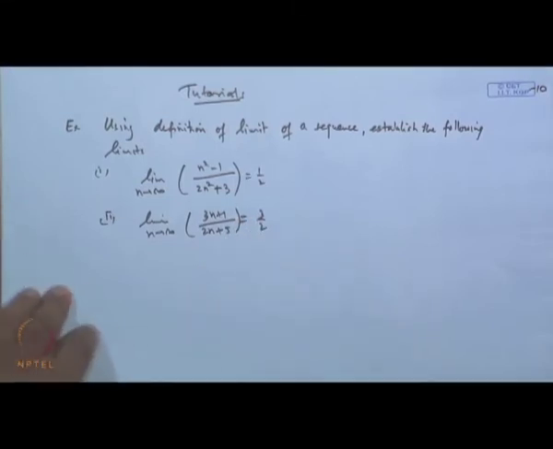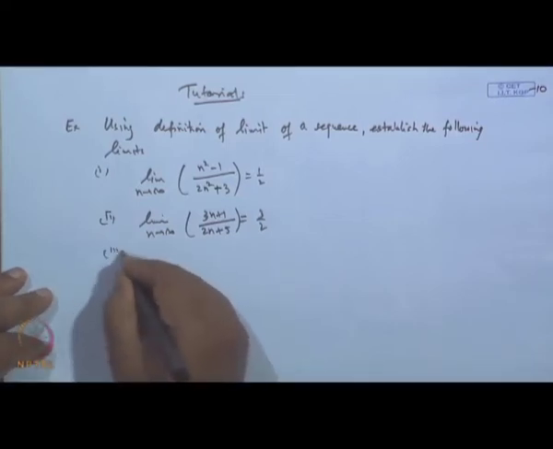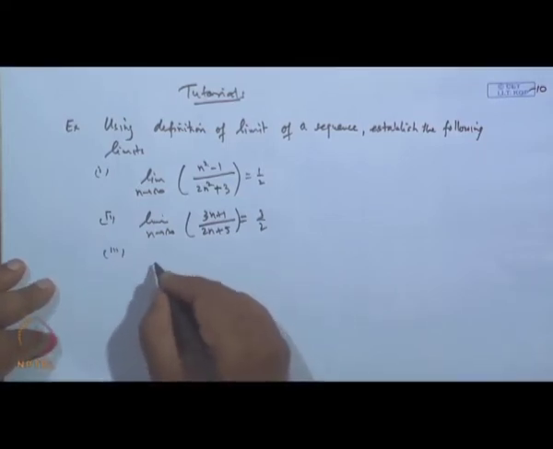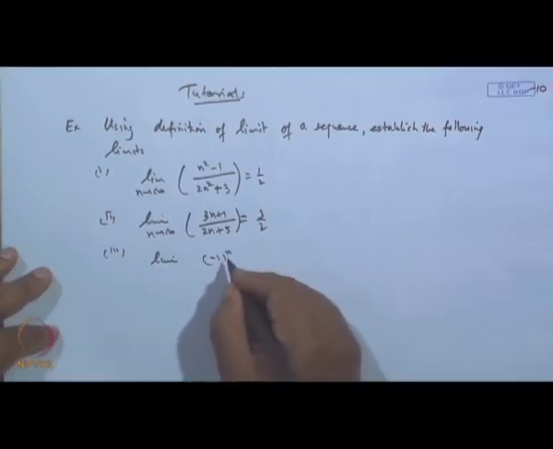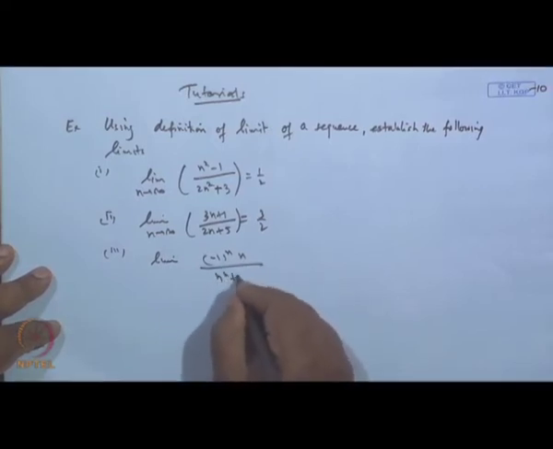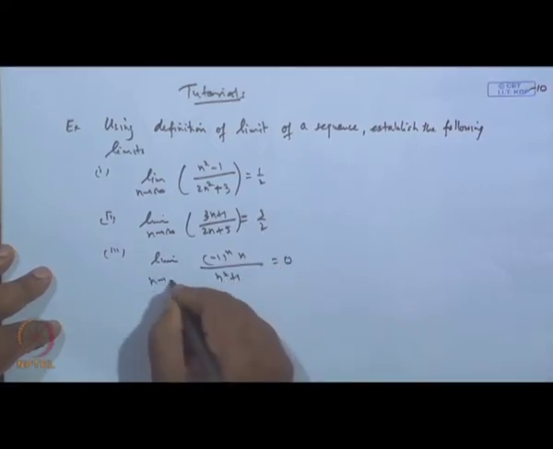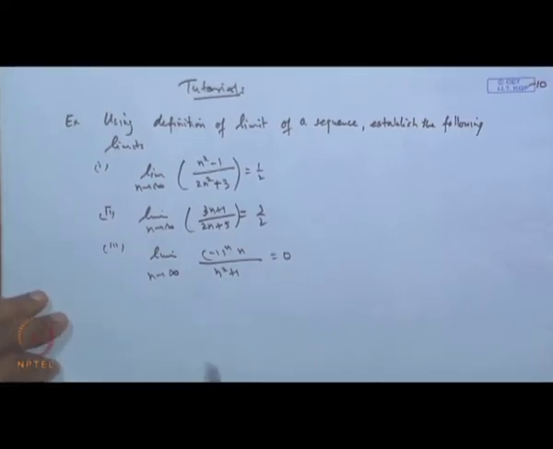Third, limit of minus 1 to the power n into n divided by n square plus 1 is 0 as n tends to infinity.